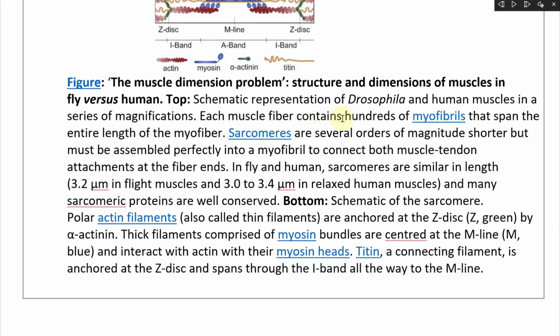Each muscle fiber contains hundreds of myofibrils that span the entire length of the myofiber. Sarcomeres are several orders of magnitude shorter, but must be assembled perfectly into a myofibril to connect both muscle tendon attachments at the fiber ends. In flies and humans, sarcomeres are similar in length: 3.2 micrometers, that's a millionth of a meter, in flight muscles, and 3 to 3.4 micrometers in relaxed human muscles.